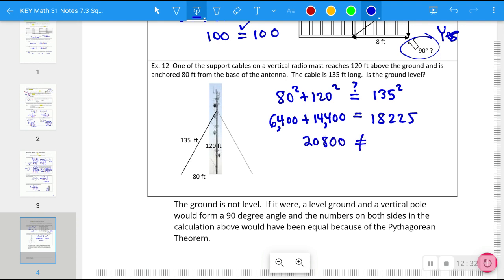And you can see that's not equal to 18,225. And our conclusion is that it's not a 90-degree corner. And since the mast is presumably vertical, we conclude that, therefore, the ground isn't level.